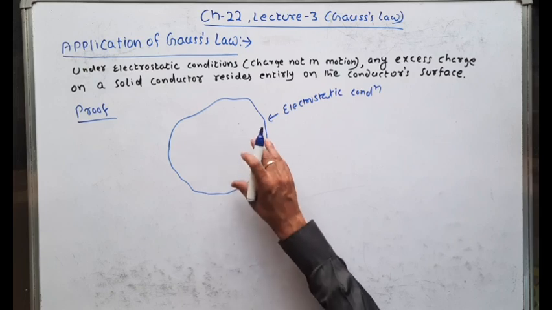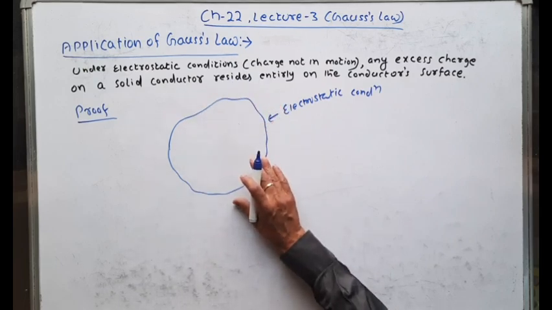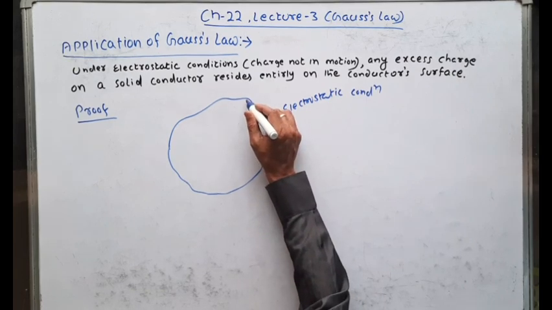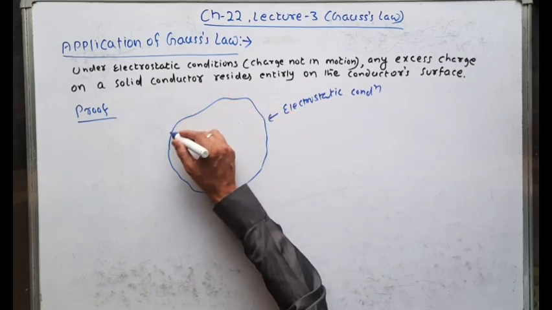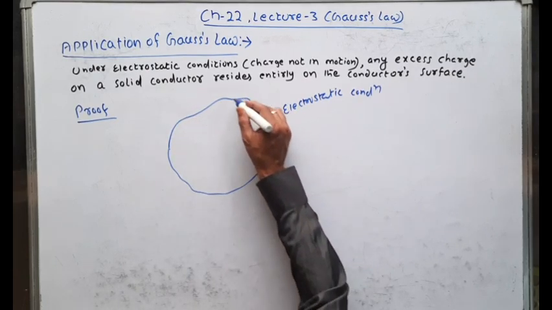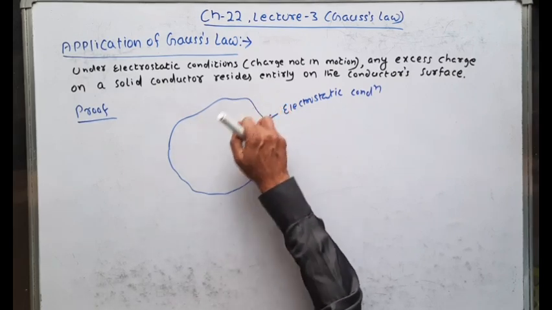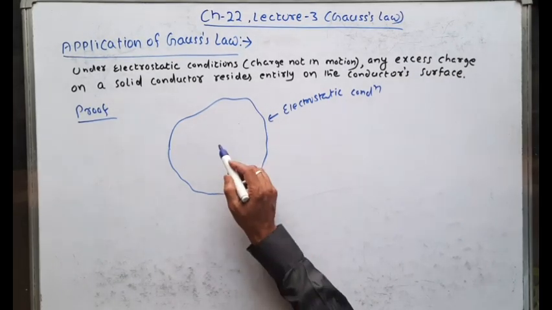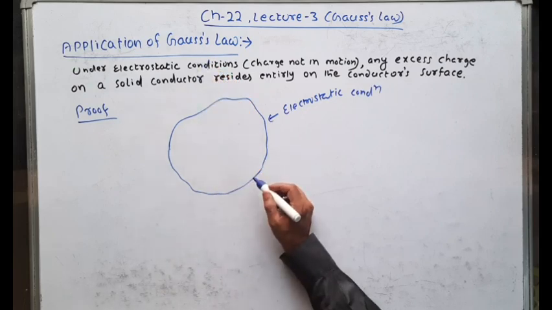If we give an excess amount of charge to this body, what will happen? All the charge will be distributed on the periphery of the conductor. That means all the extra charge given to this body will reside on the surface, not penetrate inside the conducting body. We have to prove this using Gauss law.